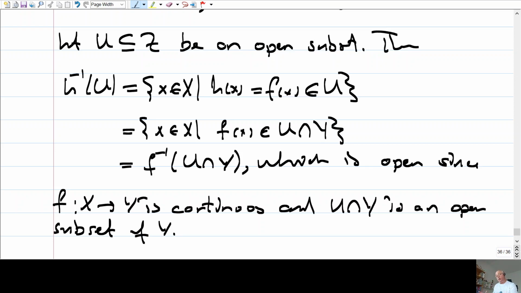Because u is an open subset of z, y is a subspace of z, therefore u intersection y is an open subset of y. Since this is an open subset and f is a function from x to y, its inverse image is open in x.